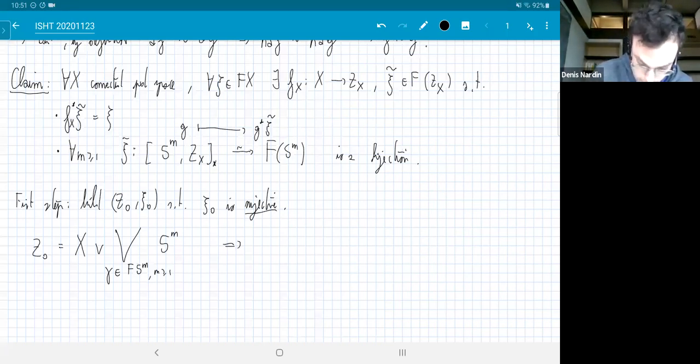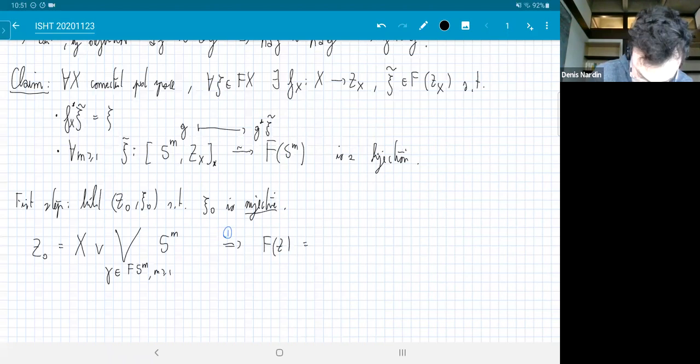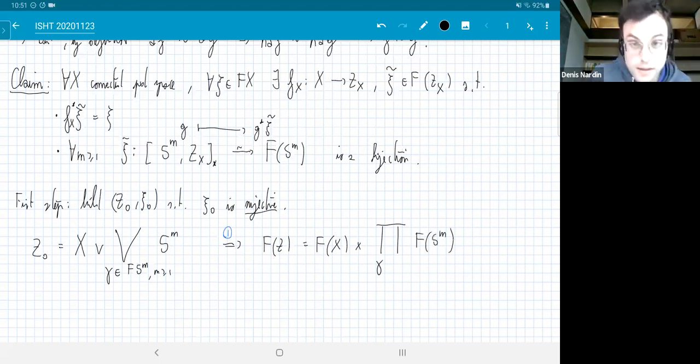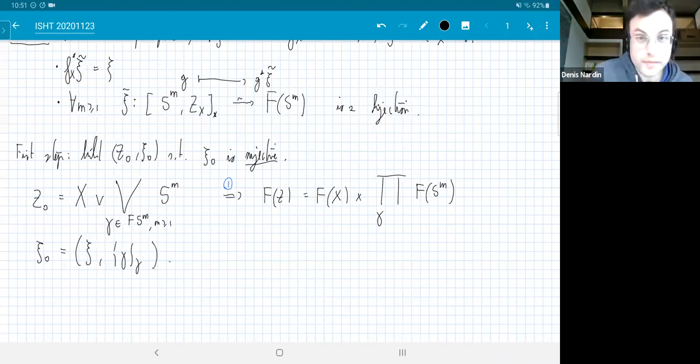And so by 1, F of Z is F of X times the product over all these gammas of F of Sn. And so we take xi0 to be the class of xi, comma, all the possible gammas. That's a very silly thing to do on some level, but we add basically one cell to X for each class we want to hit.